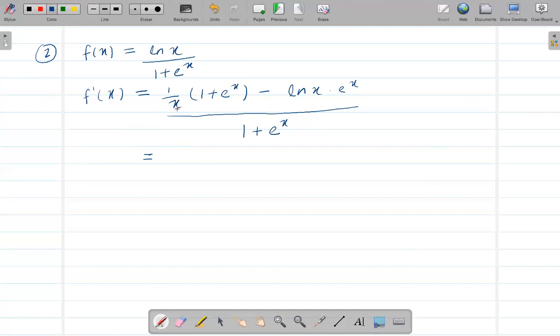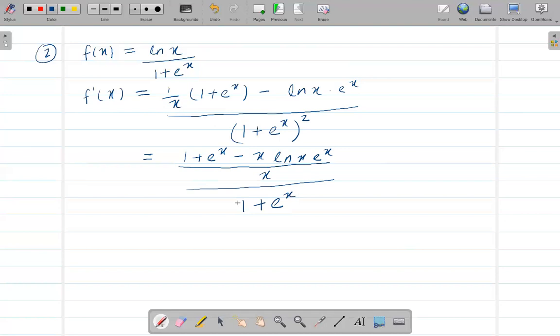Here we have an x, so when we combine these two, we get 1 plus e to the power x minus x times natural log of x times e to the power x, over x. And we still have the big division, dividing this whole thing by the square of (1 plus e to the power x).